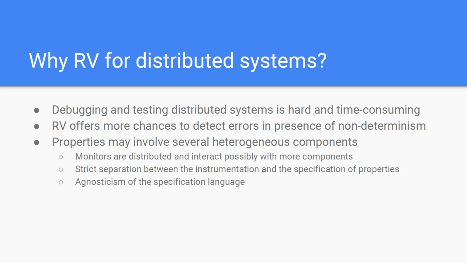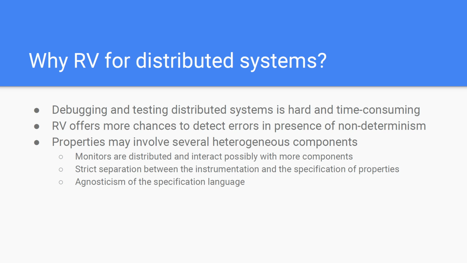Here I'm not talking about unit testing, but about acceptance testing, trying to prove global properties of the system, not local properties. As I told you, runtime verification works well with non-determinism, and of course with distributed systems non-determinism can occur very frequently.